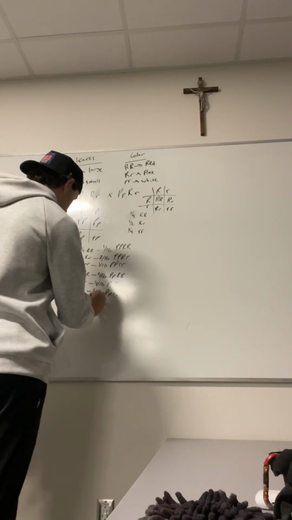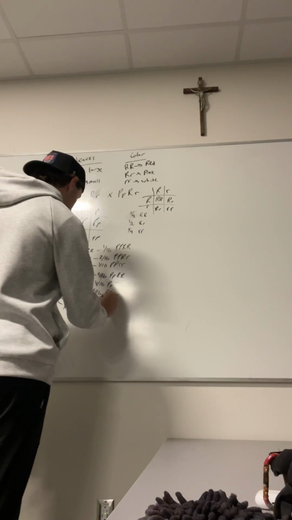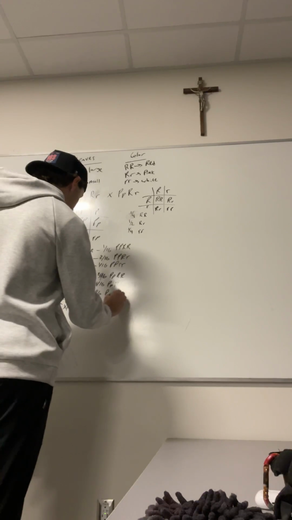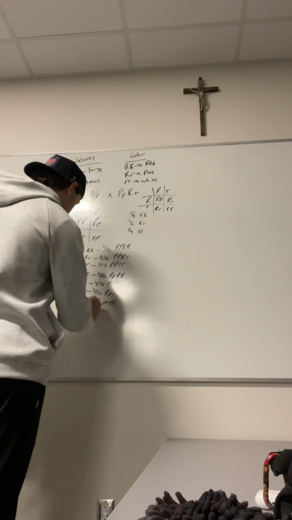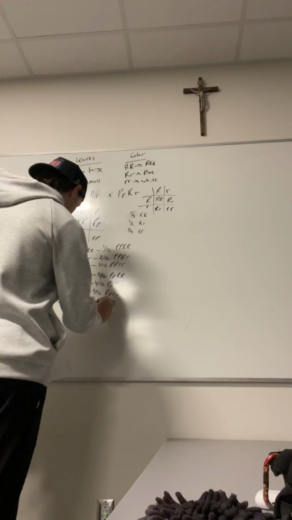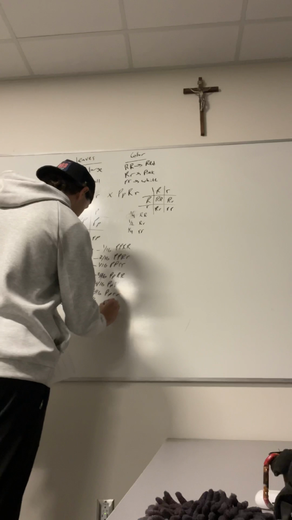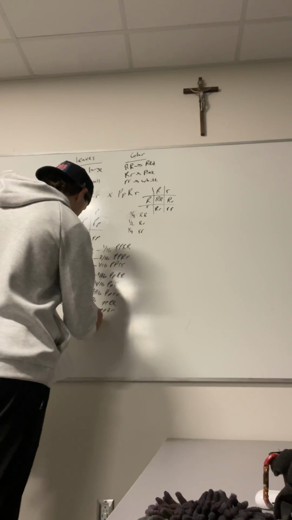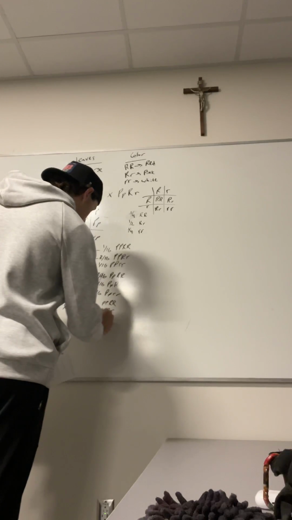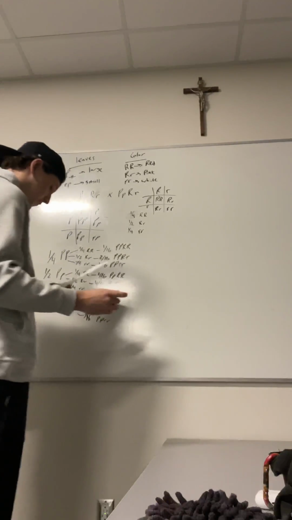It's going to be 1/16 lowercase p, capital R, 2/16 lowercase p, capital R, lowercase r, and then 1/16 lowercase p, little r.